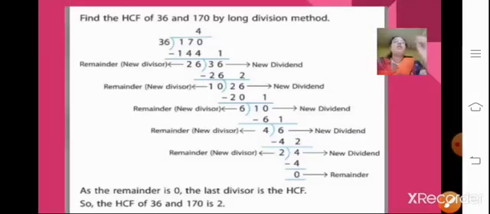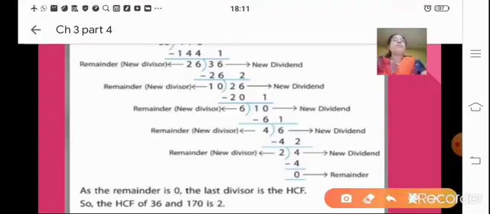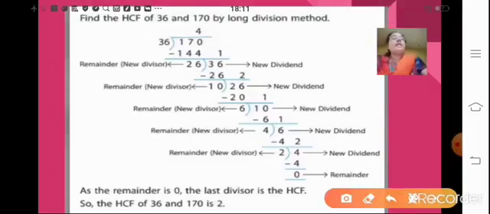Now here find the HCF of 36 and 170 by long division method. 170, the bigger number, will become your dividend. 36 is your divisor. When you divide it, 36 4s are 144. Now 170 minus 144 will give you 26.